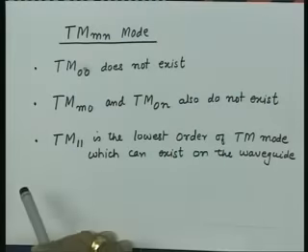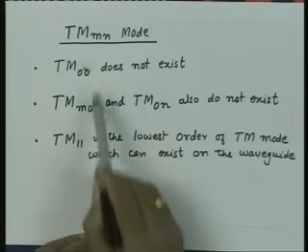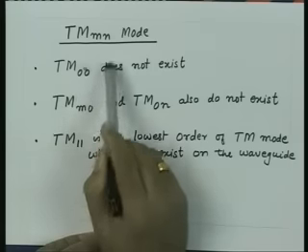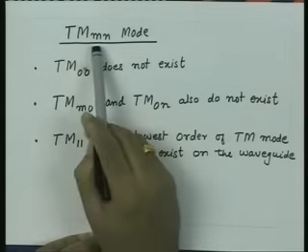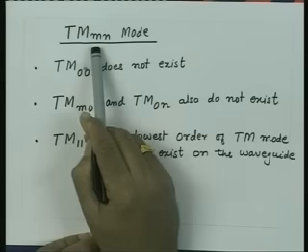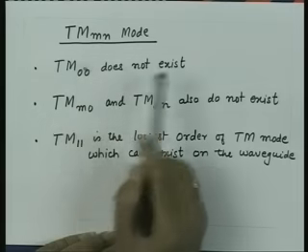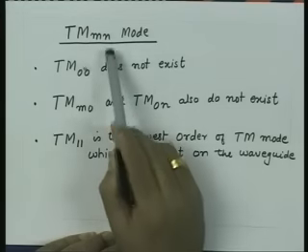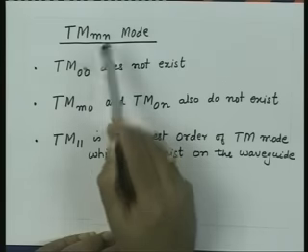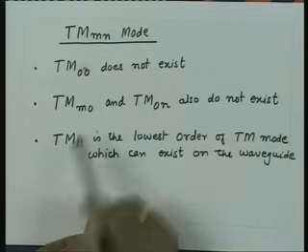So, we got transverse magnetic mode TMmn, where m and n give the indices in the broader and shorter dimension of the waveguide. The first index tells me the number of half cycles along the x direction, which is along the broader dimension of the waveguide, and n tells me the number of half cycle variations along the shorter dimension, that is the y axis of the coordinate system.